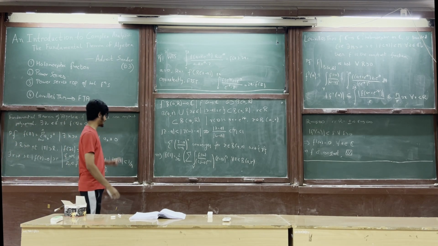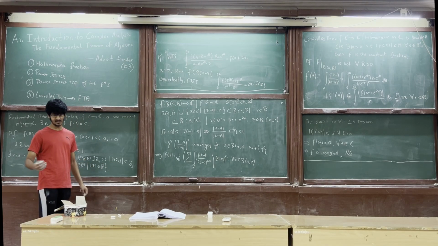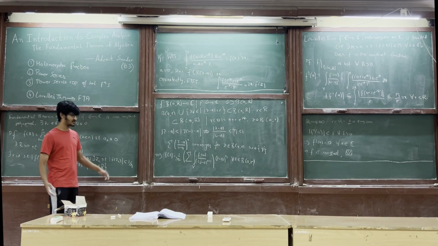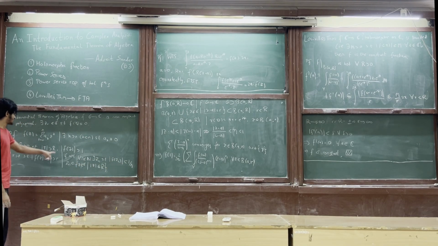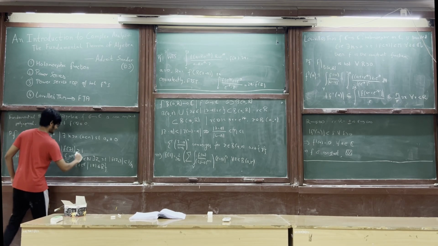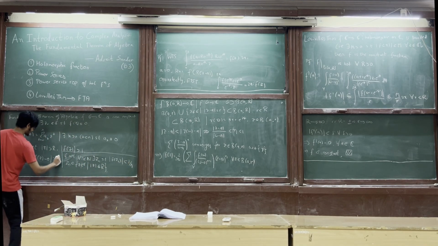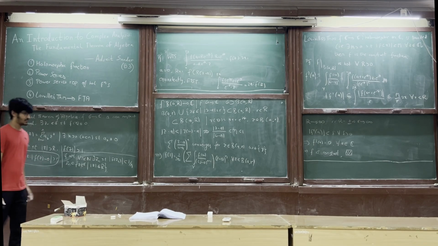And by continuity, we can say that at that point z0, f of z0 must be less than 1 by n for all n, which says that f of z0 is 0, which is obviously a contradiction to what we have assumed. So we have that there exists some positive r, so that mod f of z is always greater than r if f never hits 0.